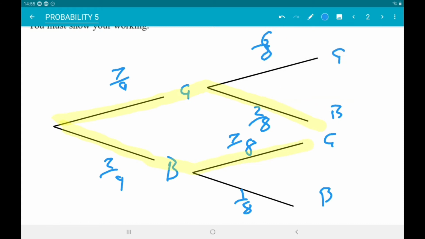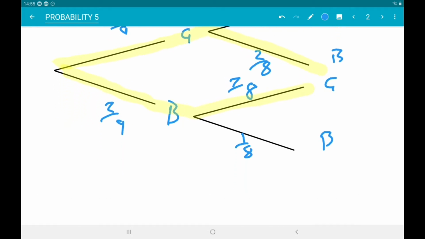So, the probability of green then blue is 7 ninths.